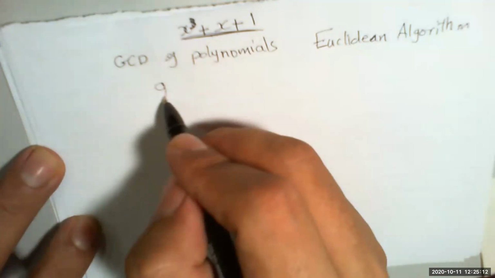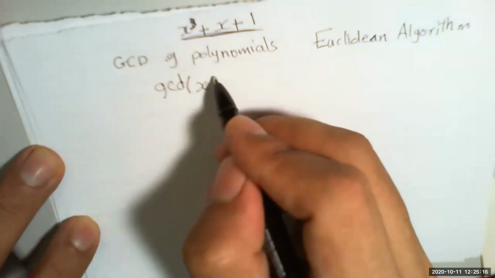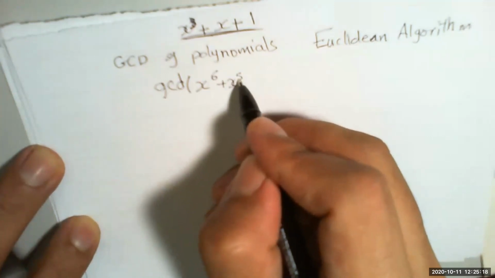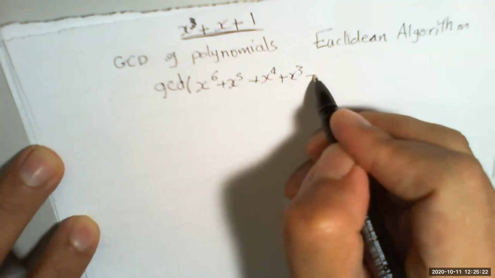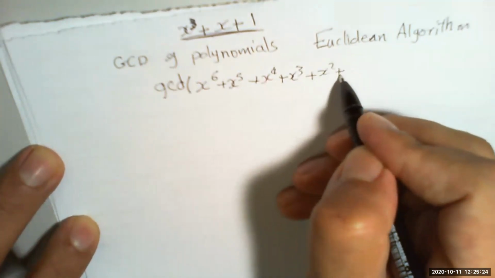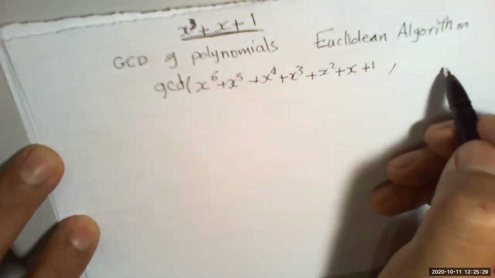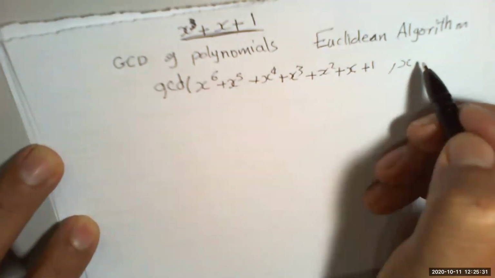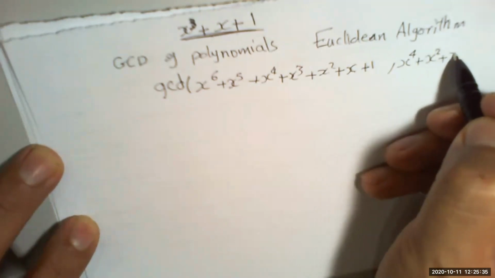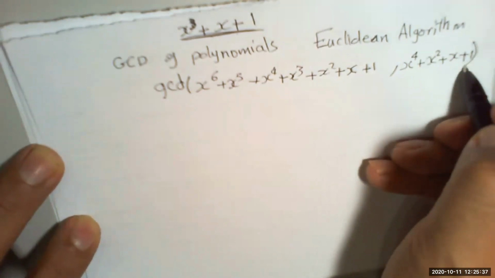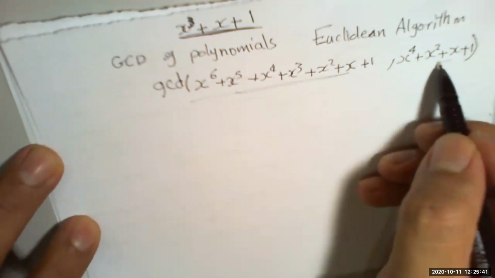What about the GCD of x^6 + x^5 + x^4 + x^3 + x^2 + x + 1 and x^4 + x^2 + x + 1? Can you get the greatest common divisor of these two polynomials?